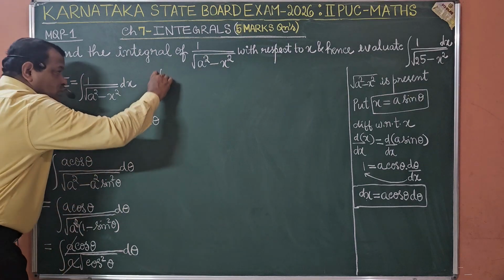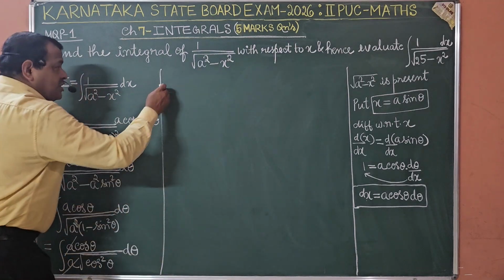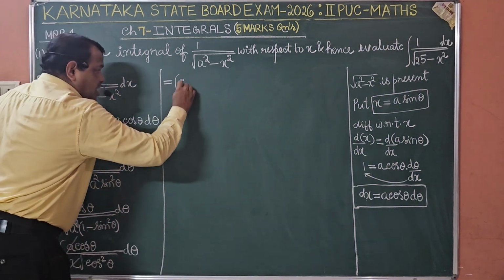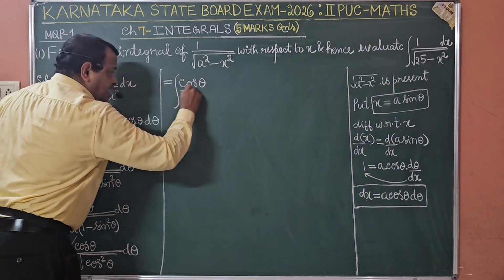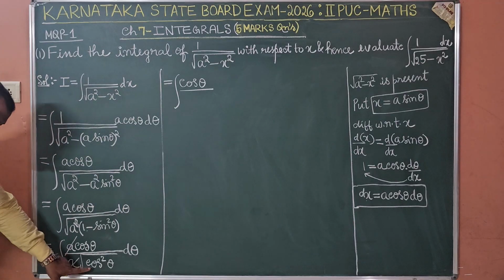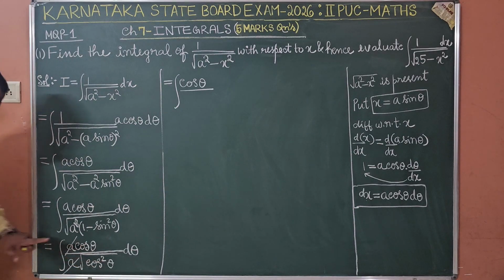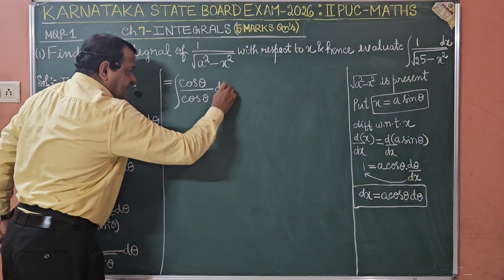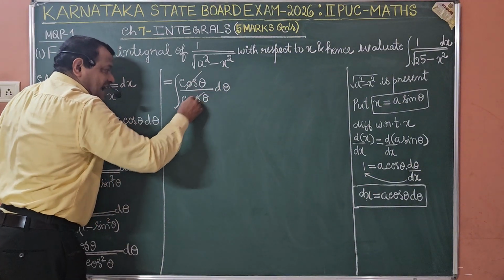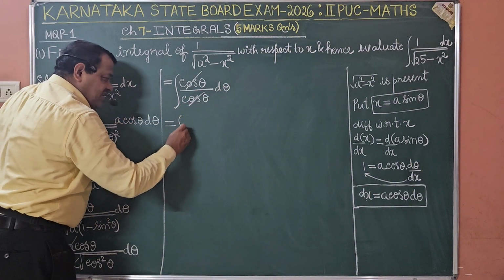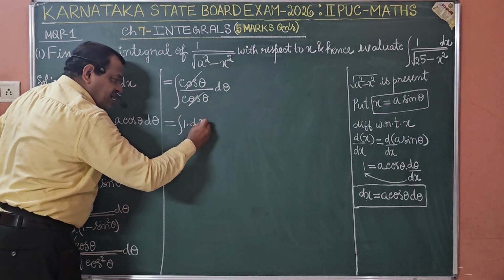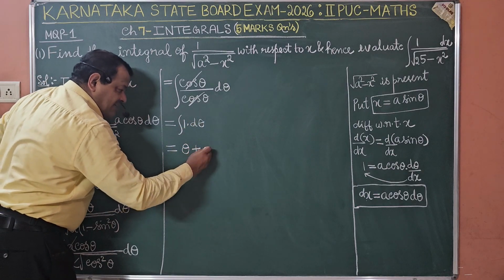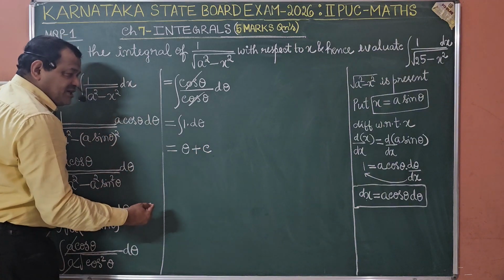So it is integration of numerator cos theta remaining, denominator square root of cos square theta, square root and square cancelled, I get cos theta d theta. Cos theta gets cancelled. We get integration of 1 into d theta. Integration of 1 d theta is theta plus c, constant of integration.